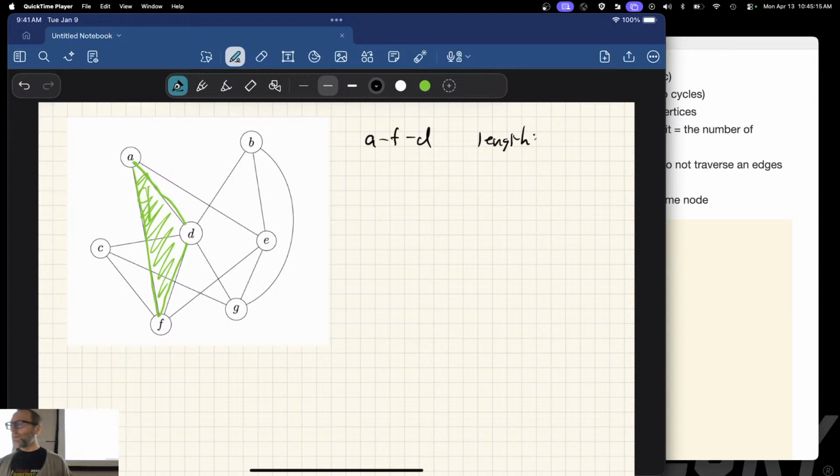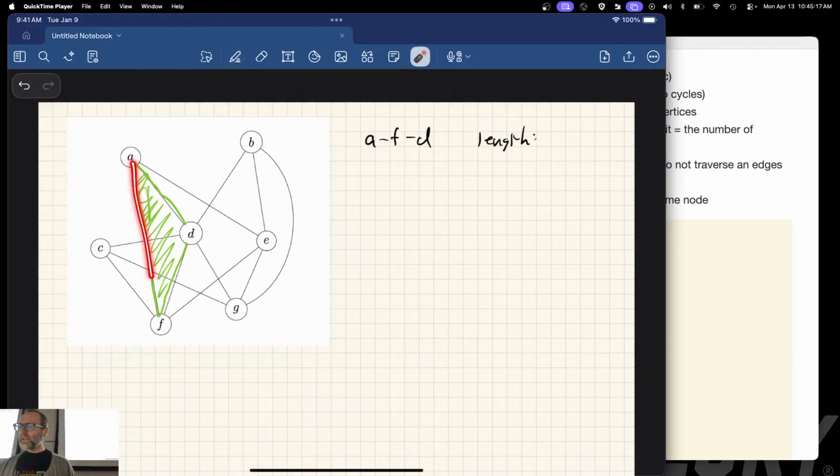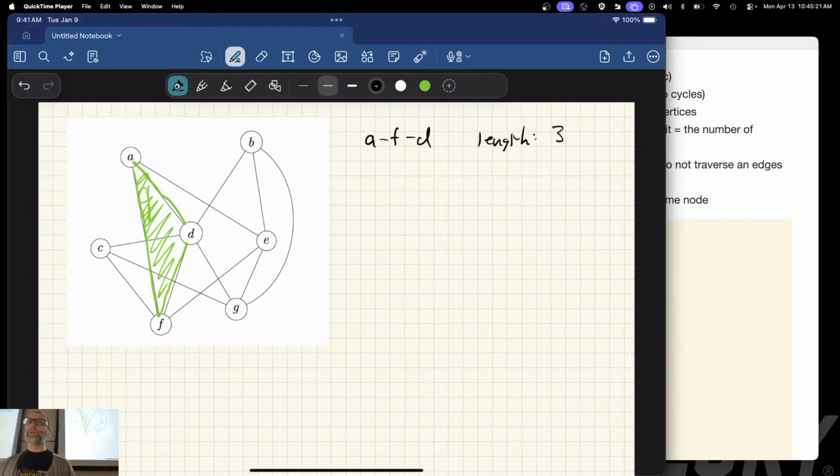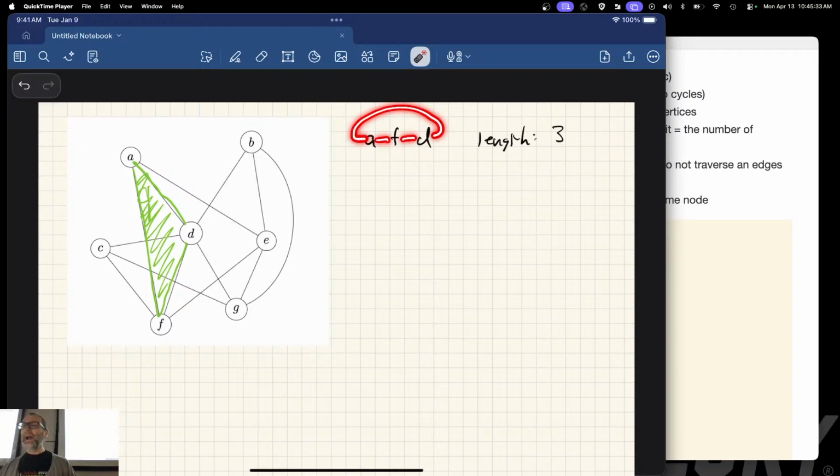The cycle ends up at the same vertex, and so the length is going to end up being 3. That's different from a path, because here it's equal to the number of vertices. We have 1, 2, 3 vertices, but the actual cycle goes from A to F to D and then back to A, right? There are other cycles here, right?